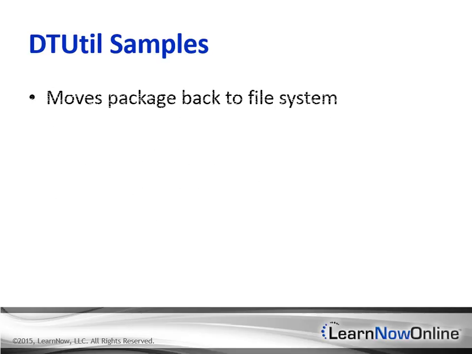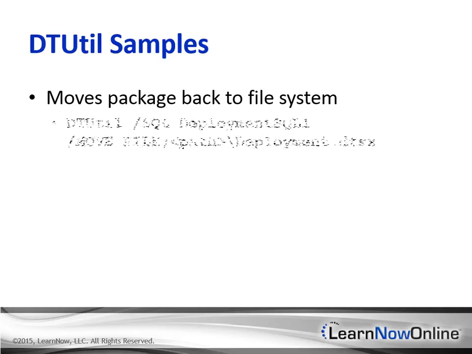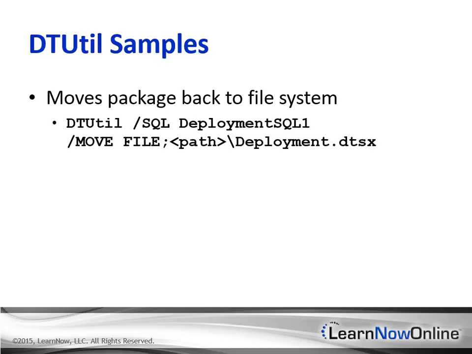And then you can also move a package back to the file system using a similar command, once again using the move parameter, specifying that it's stored in SQL Server, and then you have to use the file keyword with a semicolon, and a full path to export that deployment.dtsx file.